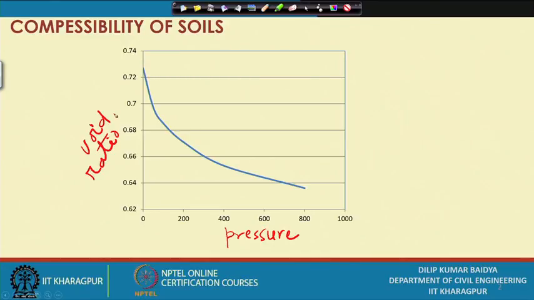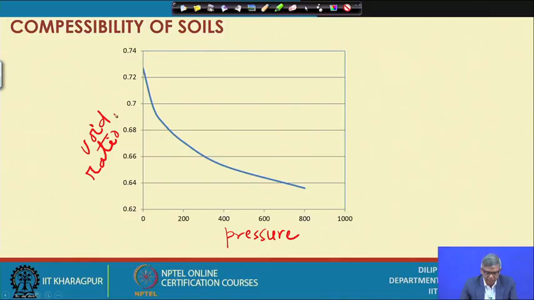This is the void ratio versus pressure, and perhaps it is asked to find the coefficient of volume compressibility at the pressure range of 250 to 350. That means I first have to find the void ratio corresponding to pressure 250, somewhere here, and similarly for 350, somewhere here. So, I will get e1 from here and another e from here.